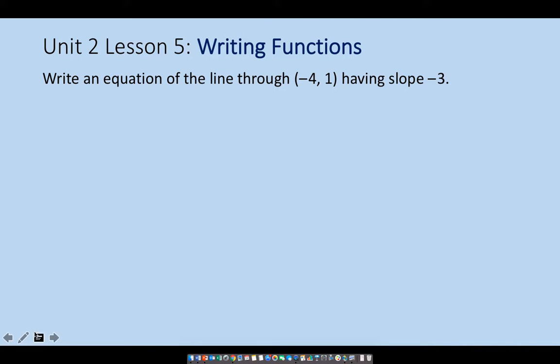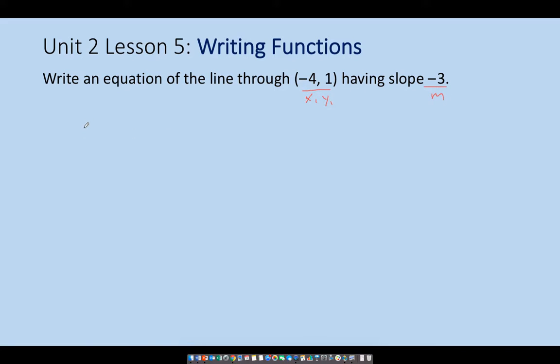All right, moving on. Just real simple here: write an equation of the line that goes through this point and has a slope of -3. There are 3 main ways that we can write linear functions. I think this one sets itself up most easily for point-slope. We have a point, (x1, y1), and we have a slope.